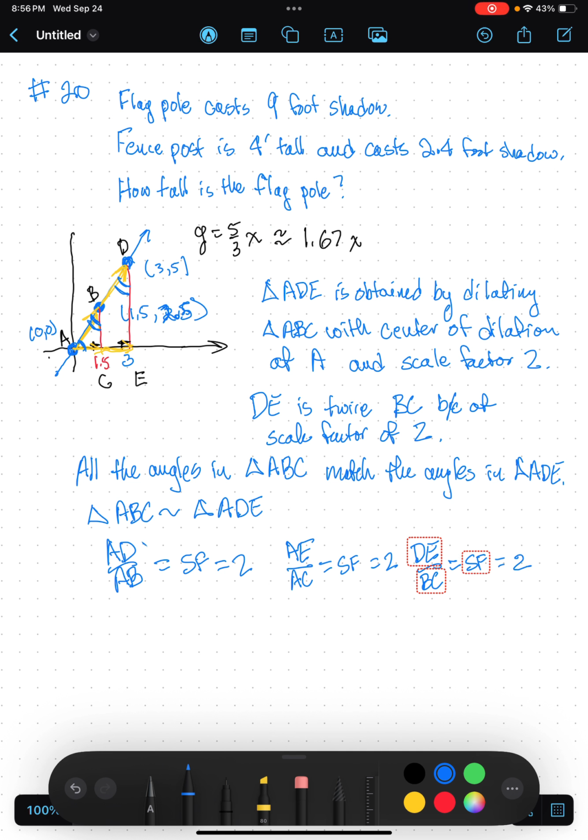So what we would know is that corresponding parts of similar triangles are in proportion.